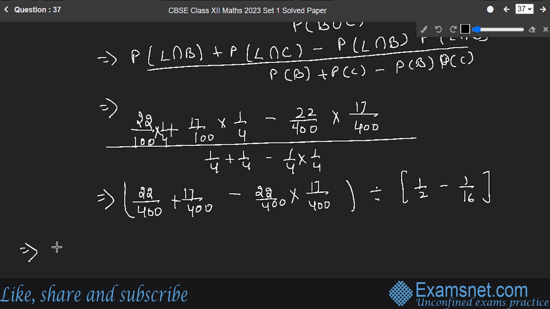So this is equal to 39 upon 400 minus 374 upon 160000, divided by 1 by 2 minus 1 by 16, which is 7 upon 16.